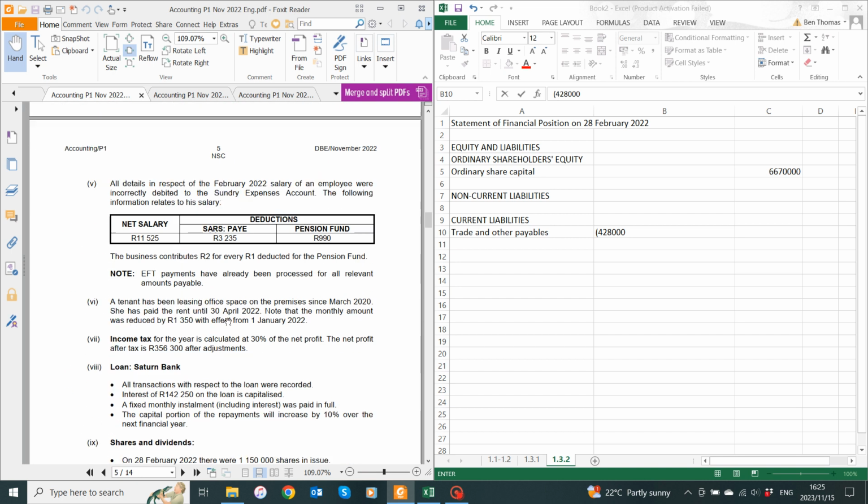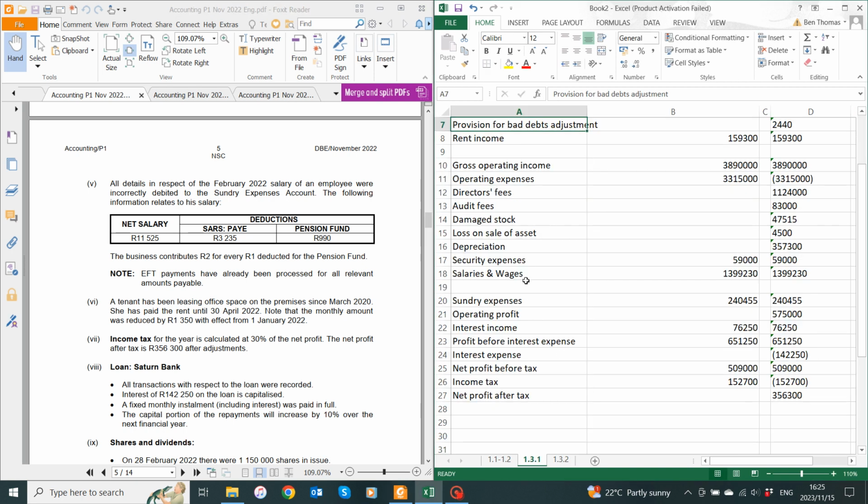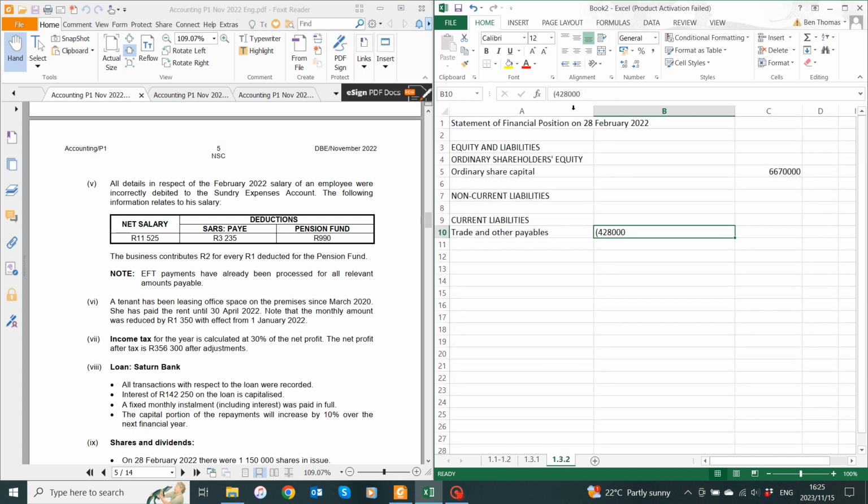Now we've already calculated what happened with the rental income, and we can just pop back to our income statement quickly. The rent income, and we know it was 12,150 Rand per month, and it was for 2 months, so we can just use that. Now remember the adjustments.